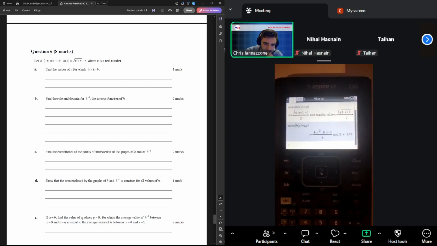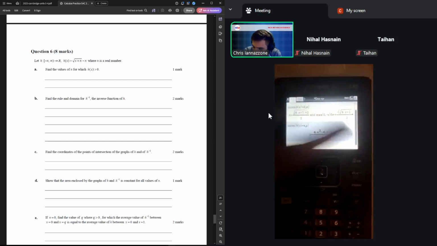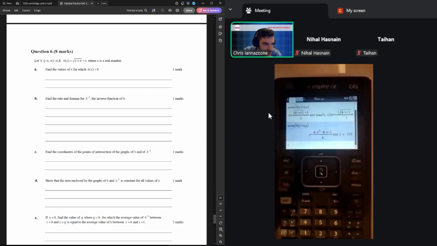Again, the way to probably think about this one would be in terms of rule and domain. So 2x take 1 being greater than or equal to 0, I would imagine has to do with the domain of it.